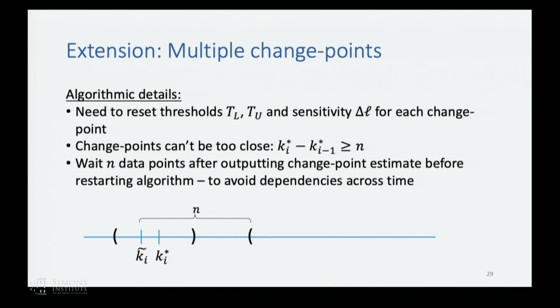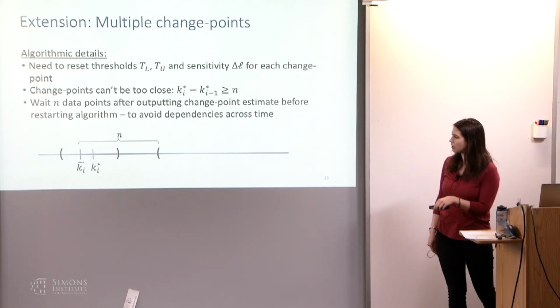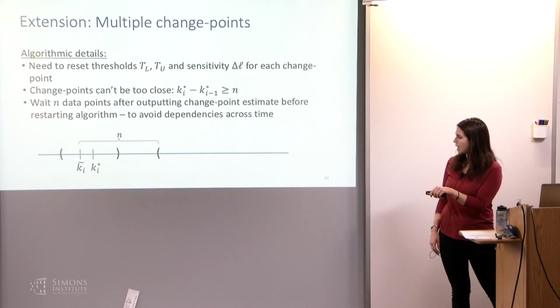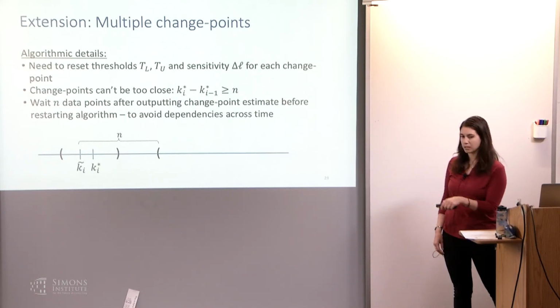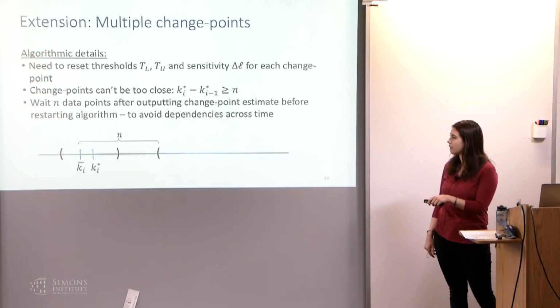And so things before this are sampled from one distribution, and things after this are being sampled from a different distribution. And we found some window here of size n, and we called offline change point, and we output k tilde i here, and we found this. And so then we're going to wait until we have accumulated n more points before we're going to start our next window here.